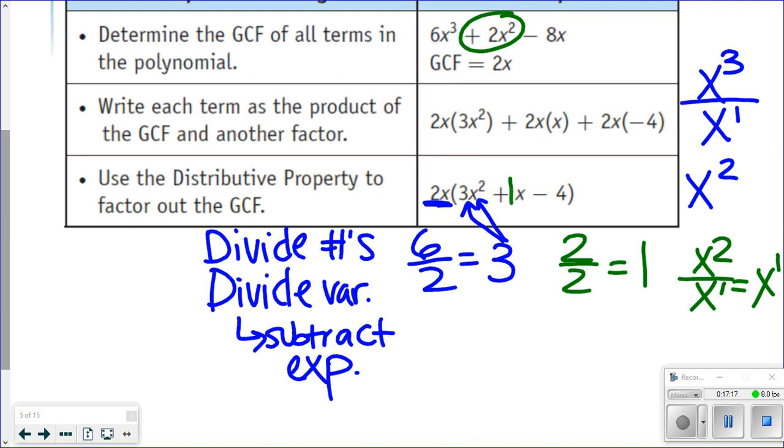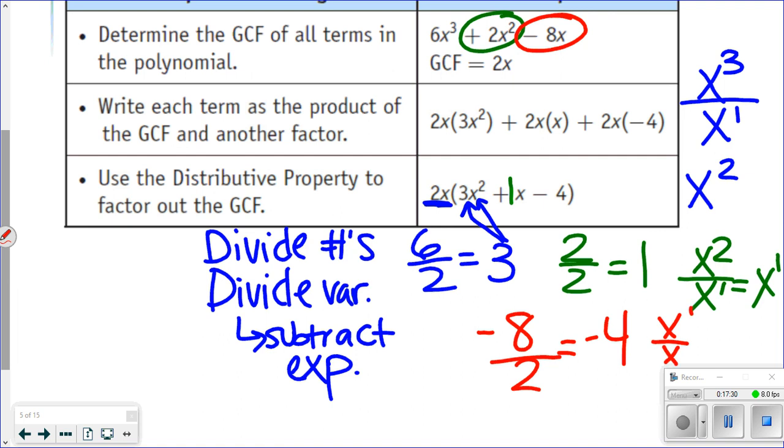And then I have a negative 8. So negative 8 divided by 2 gives me negative 4. And then I have x divided by x. Well, 1 minus 1 is x to the 0 power, and we know that's just 1, so we don't write it. X divided by x cancels out. So I'm just left with a negative 4, which is where that comes from.